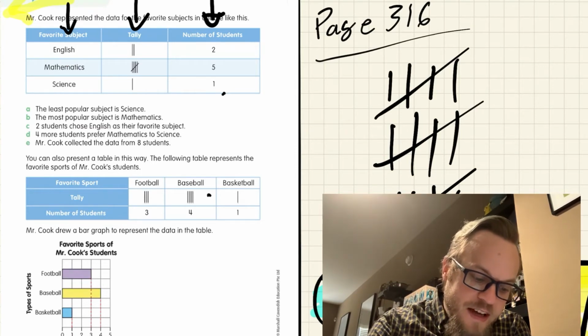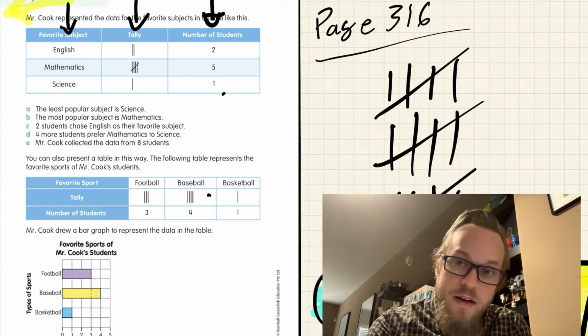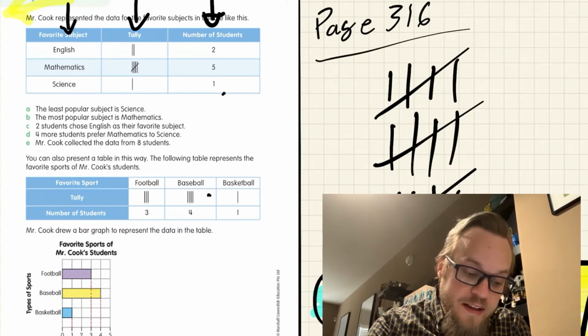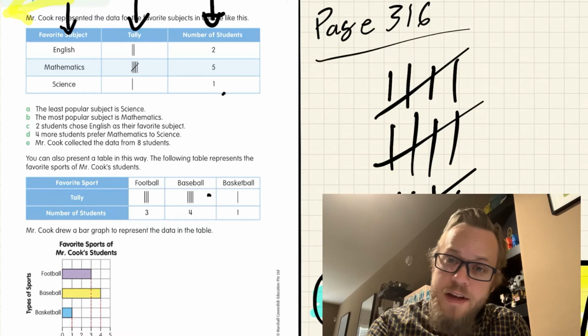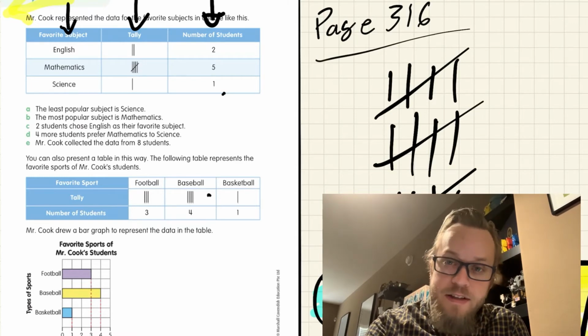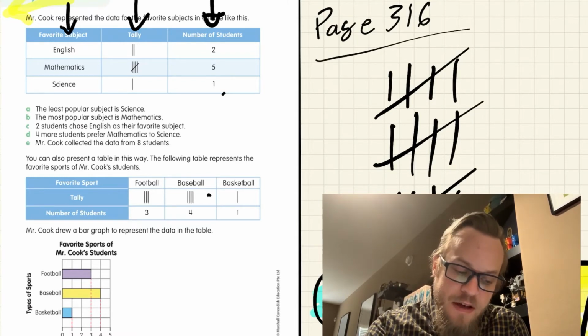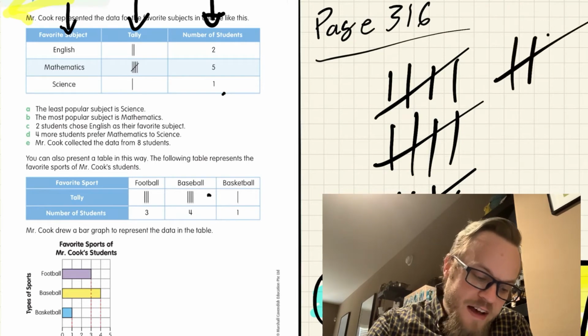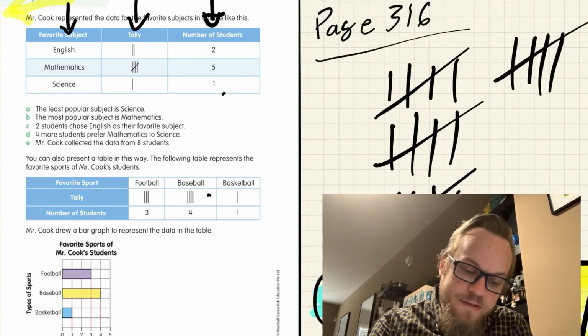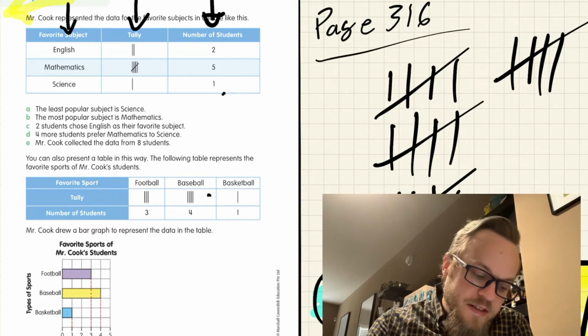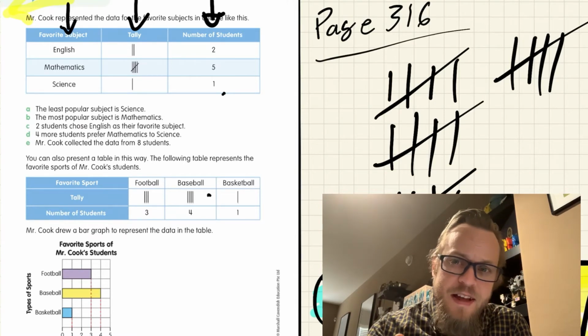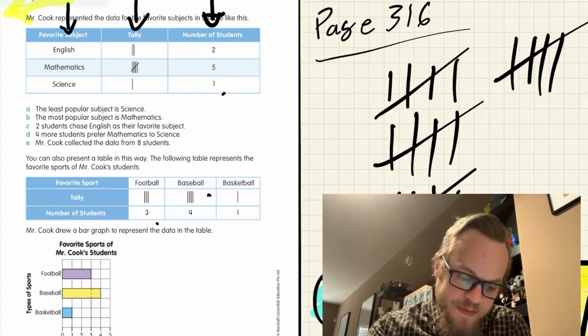So English had 2 people, 2 scholars, 2 tally marks, 2 students who wanted English as their favorite subject. Math had 5 tally marks, and that fifth tally mark is just that upstroke. So 5 students liked math and 1 student liked science at the end of it.